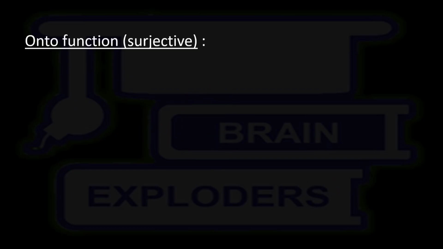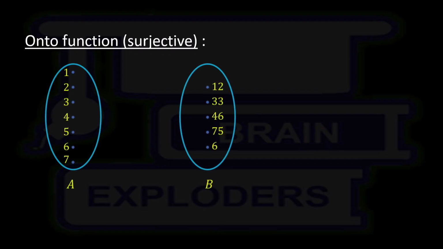Now let's talk about a different kind of function, onto functions or surjective functions. So these are the functions in which all elements of B have some pre-image. Okay, there may be a single pre-image, there may be more than one pre-image.